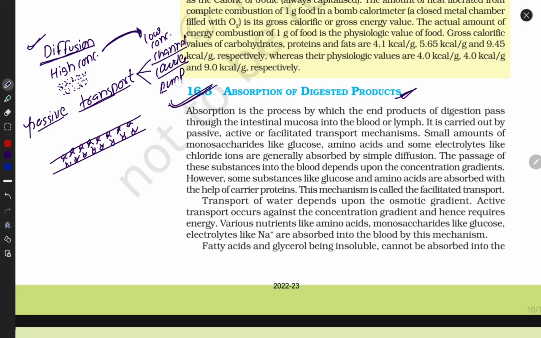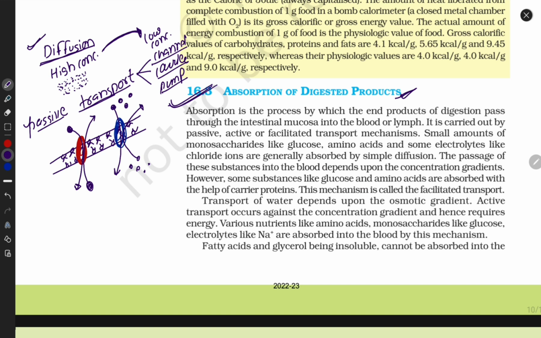So they are transport molecules. What do they do? They transport molecules from outside to inside the plasma membrane and inside to outside the plasma membrane. I repeat again, they transport molecules outside to inside and inside to outside.